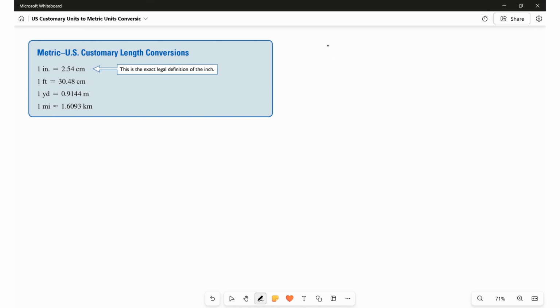Let's say that we want to convert 16 inches to centimeters. Well, remember that we start out with what we have and we're going to multiply by the conversion with what we want on the top and what we're getting rid of on the bottom.